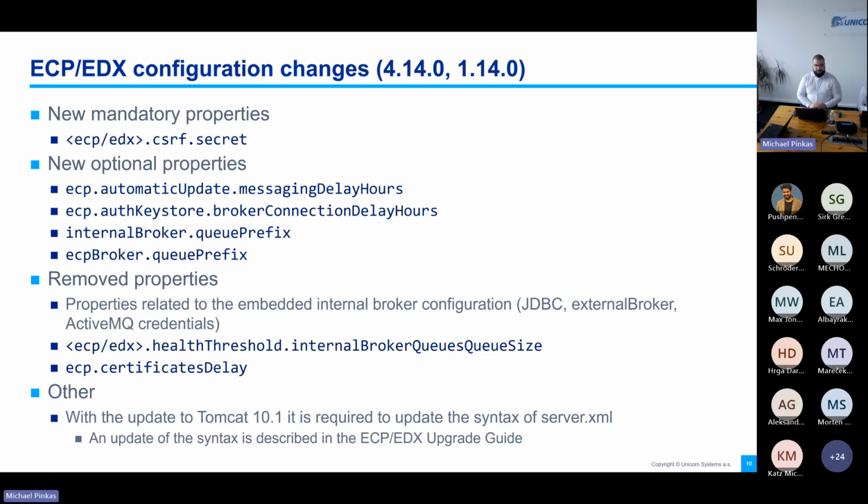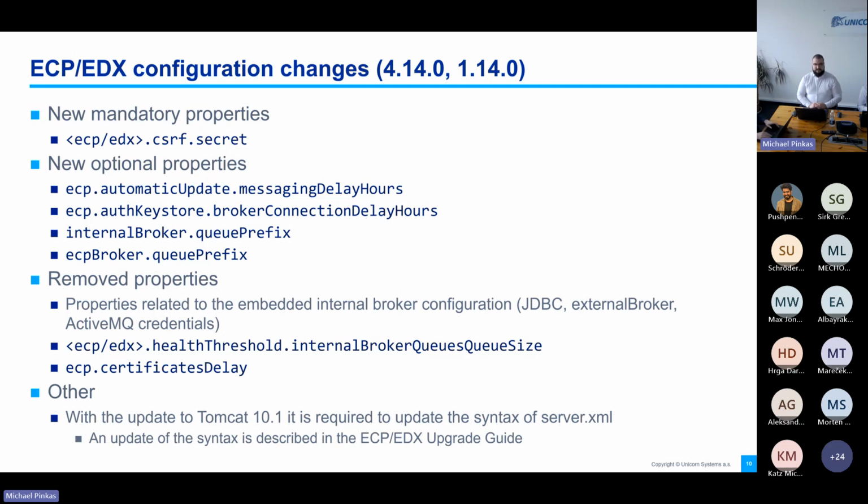There are also two other new properties for the queue prefix. The first one, the internal broker queue prefix, which is available for both ECP and EDX, will, as the name says, specify the queue prefix for the internal queues.